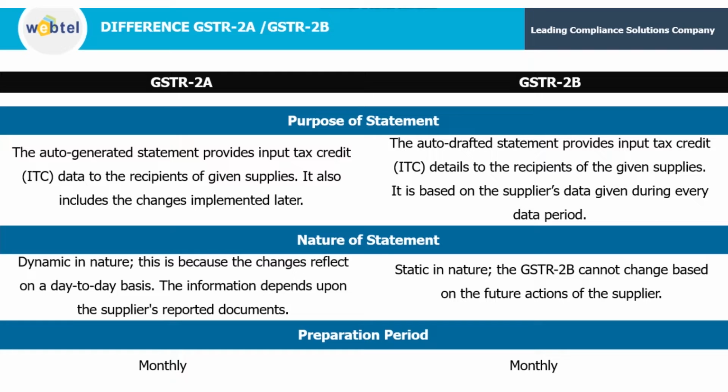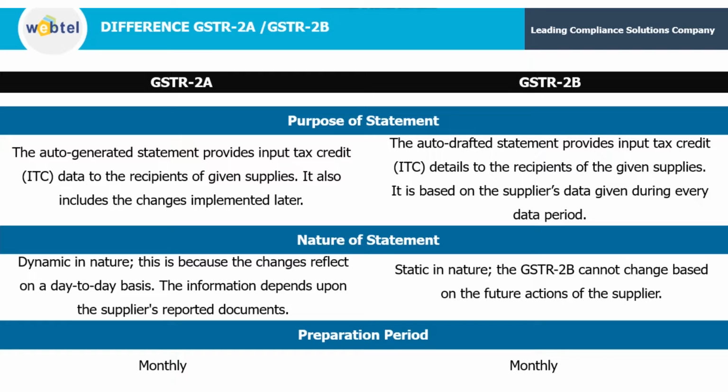GSTR-2A is an auto-generated statement that provides input tax credit data to the recipient of a given supplier. It also includes the changes implemented later. But in GSTR-2B, the auto-drafted statement provides input tax credit detail to the recipient of the given supplier. It is based on the supplier data given during every tax period.